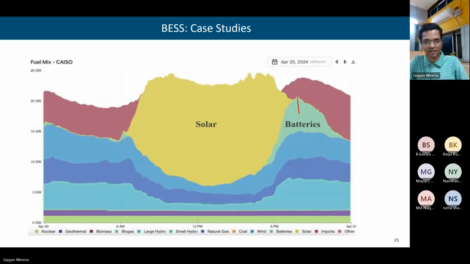For this requirement, batteries are providing around 7 to 8 gigawatt of power. That's quite large. Here also in the morning they are meeting the ramp requirement, and here also in the evening for the evening peak.